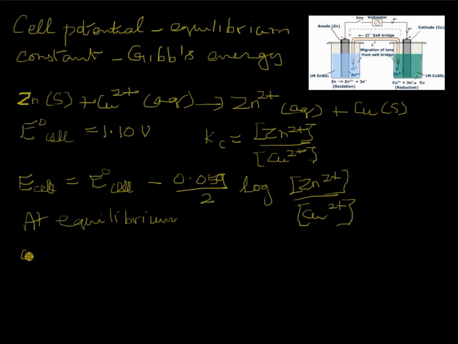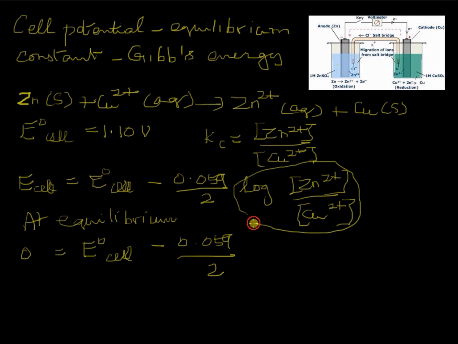The E cell is 0 here because that is the reading that we get on the voltmeter at this equilibrium state, so 0 is equal to E0 cell minus 0.059/2. Instead of the concentration ratio, I am going to write Kc, log Kc. This leads to E0 cell is equal to 0.059/2 log Kc.